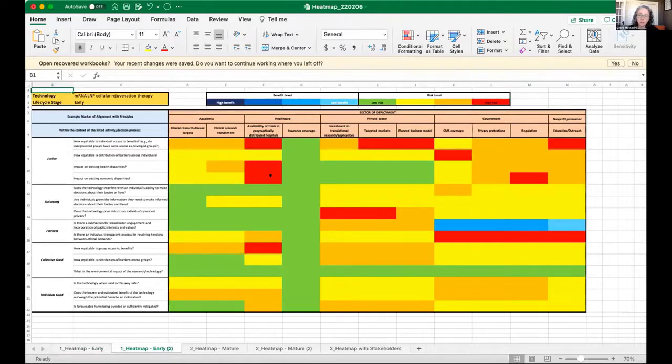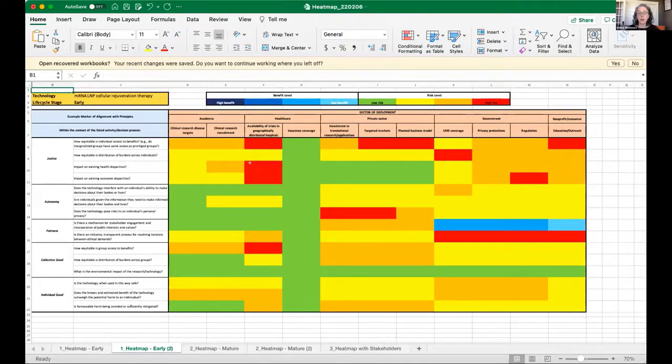So for example, for this early stage technology, insurance coverage, which I mentioned earlier, maybe not as big of an issue. That's very low risk right now because it doesn't come into play so much. But here we have some red, right? That is intended to begin to focus our attention. What are the hot spots?